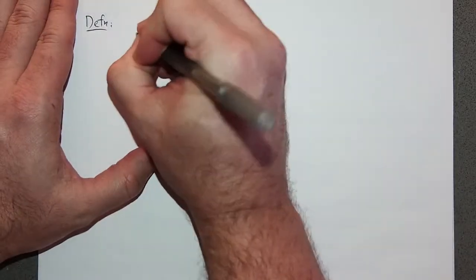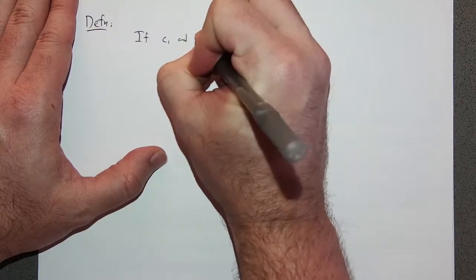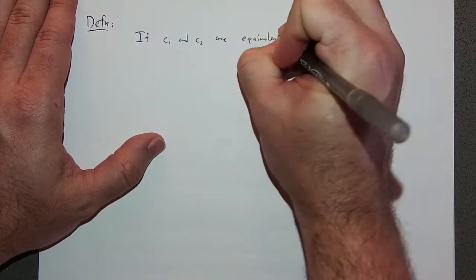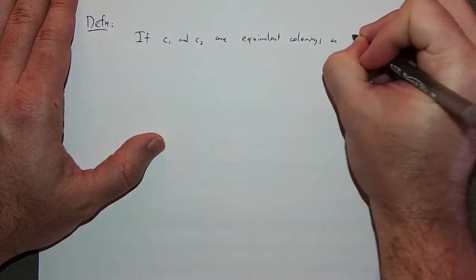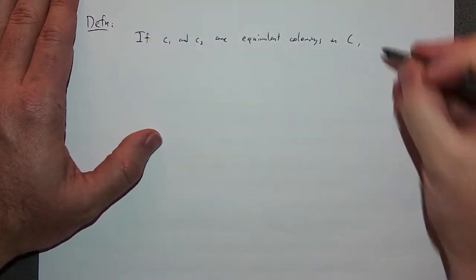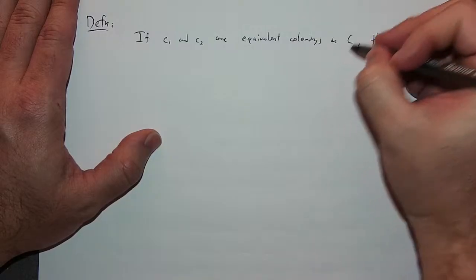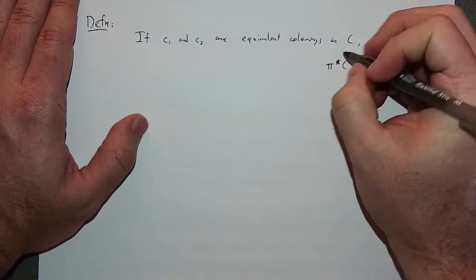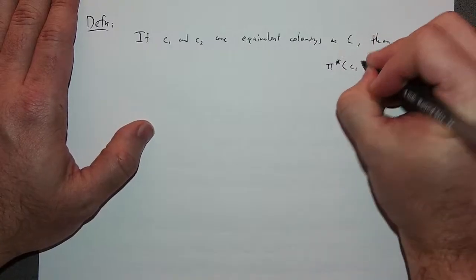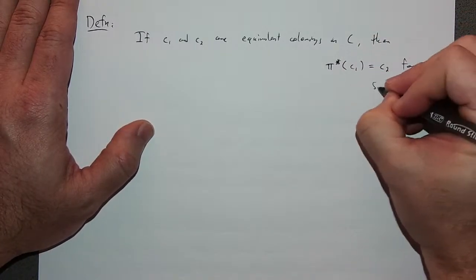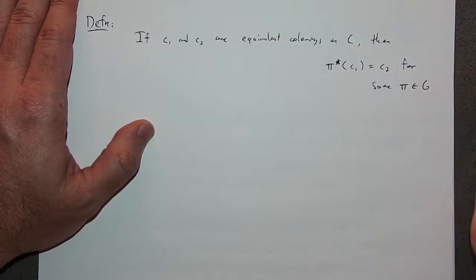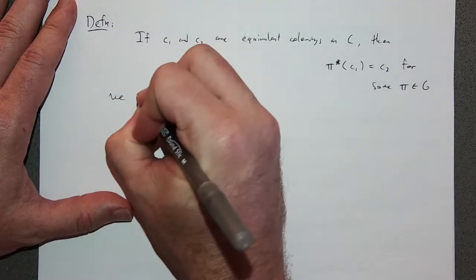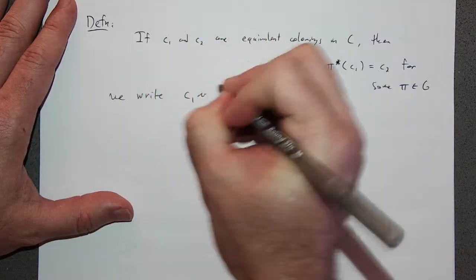So, if colorings C1 and C2 are equivalent colorings in C, then what that means is that this pi star takes C1 to C2 for some permutation pi in our symmetry group. We write that C1 is equivalent to C2.